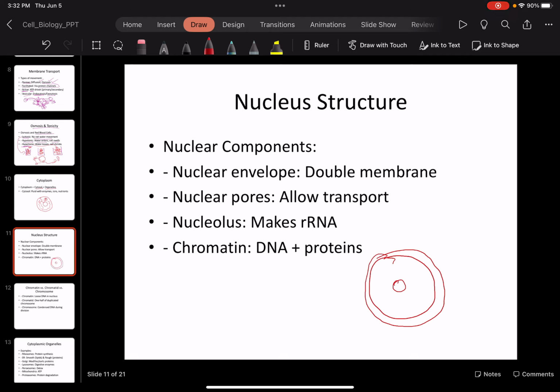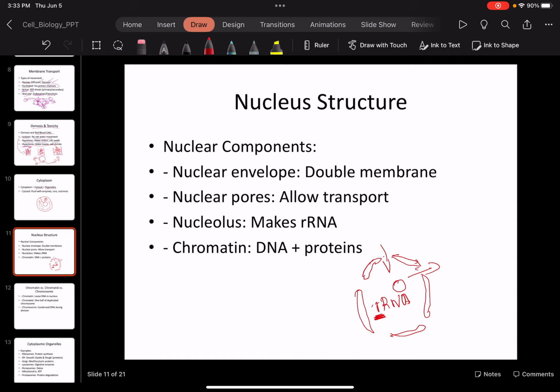They have nuclear pores, which allow things to go in and out. The nucleolus makes ribosomal RNA.